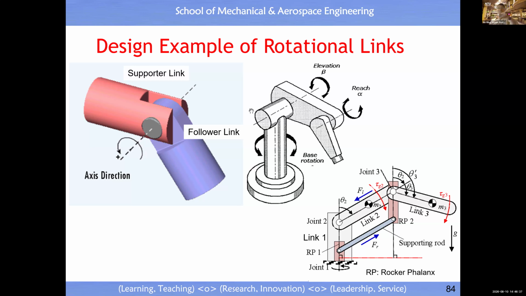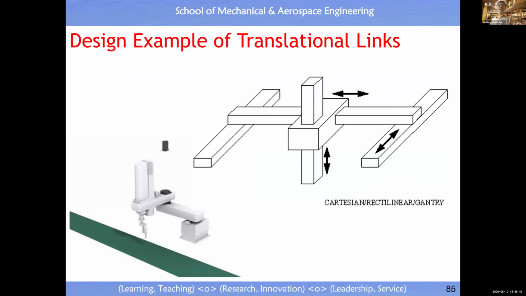In this way, you can name this the supporter link and this the follower link, and these two links are interconnected by a joint.